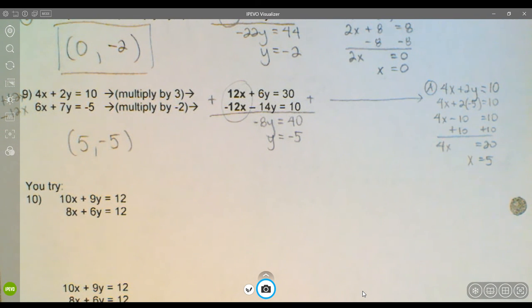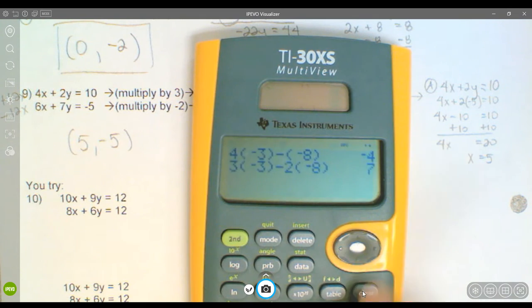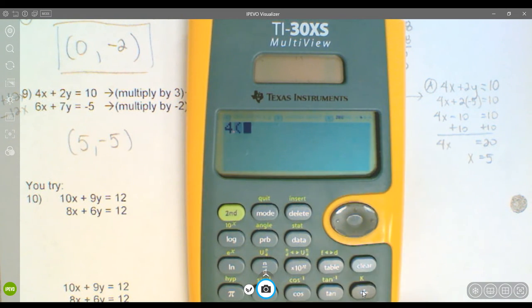So I want to substitute that in, and then we'll see how that works. All right, so let's do it. I have 4 times 5 plus 2 times y.